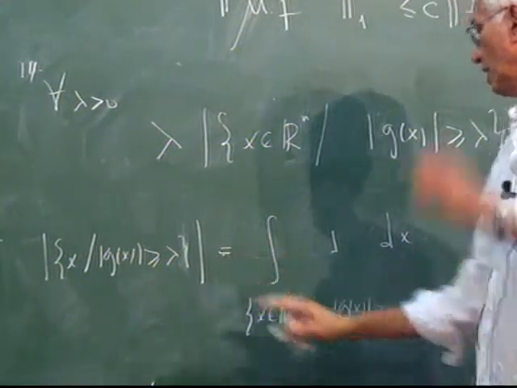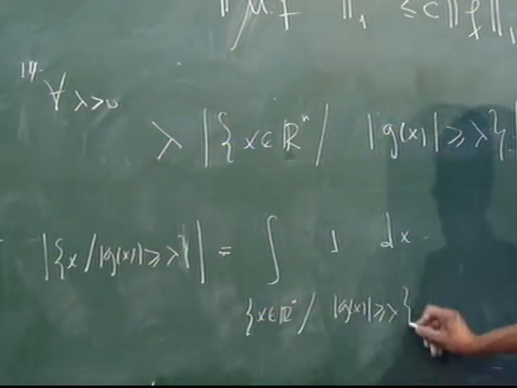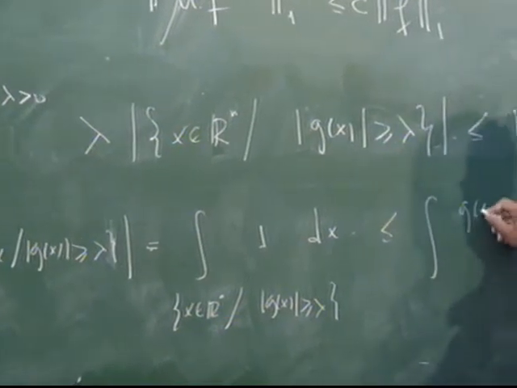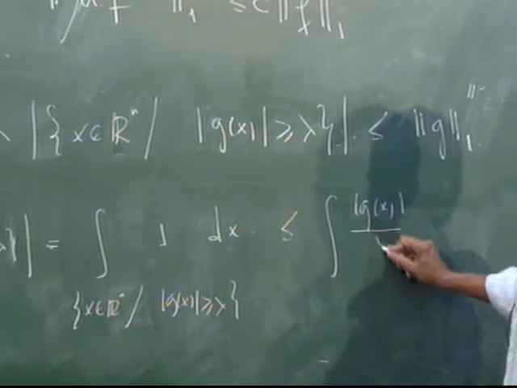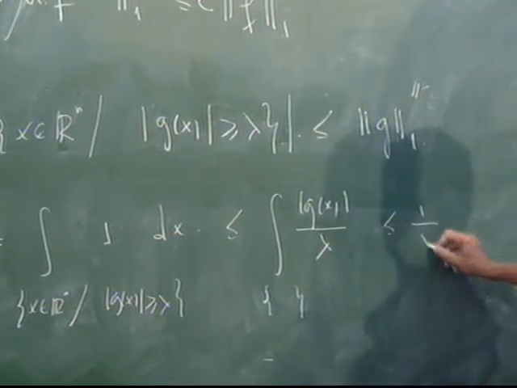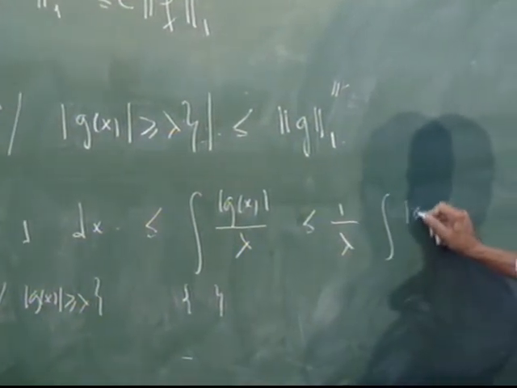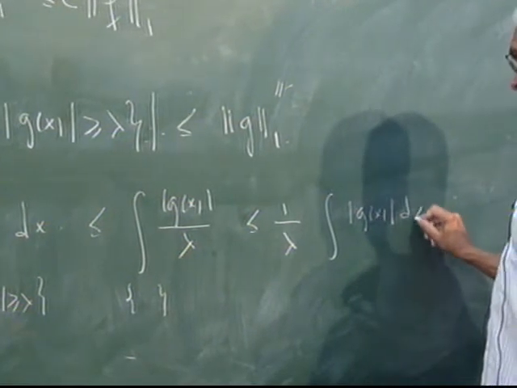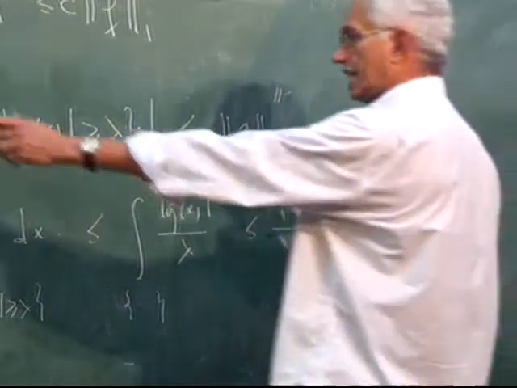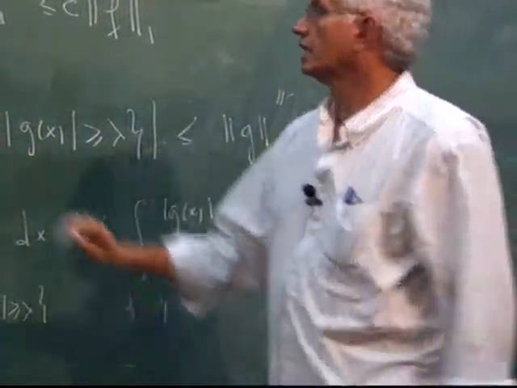Since you are integrating 1 and you are integrating just when g is larger than lambda, this is less if I integrate a bigger function, g of x over lambda, over this set. And this is less if I integrate in the whole domain. Therefore, if I pass lambda to the other side, I have this. Then this is always true.